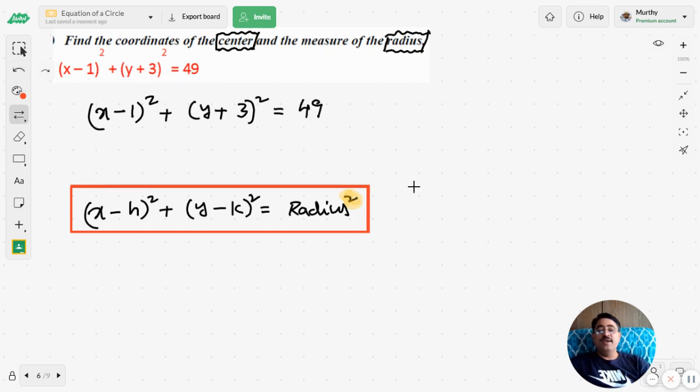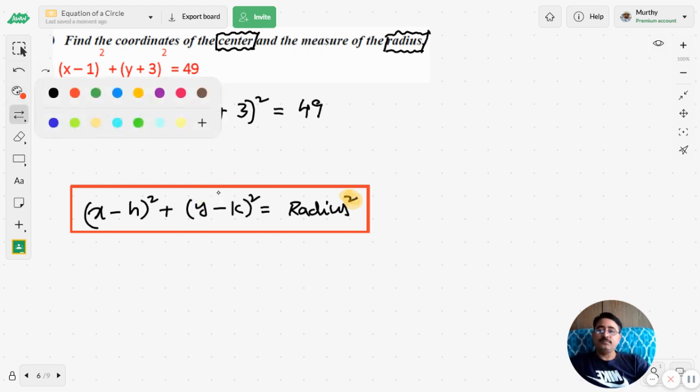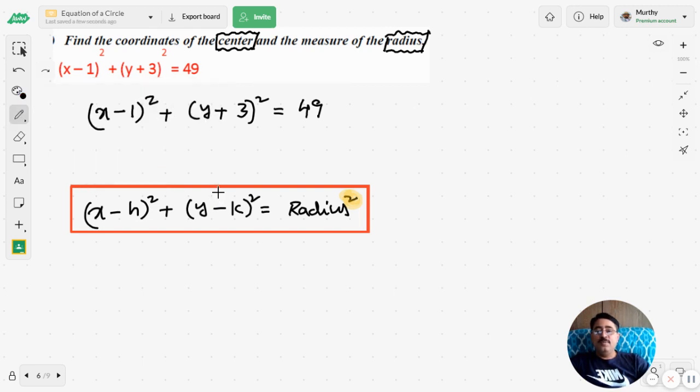Now, in the same way, is y matching with y? Yes. Oh, the signs are not matching. Positive sign here and negative sign there. They are not matching. Then what to do? Now, let me rewrite this one. x minus 1 whole square plus y. Notice that the positive sign and negative sign, these two are not matching.